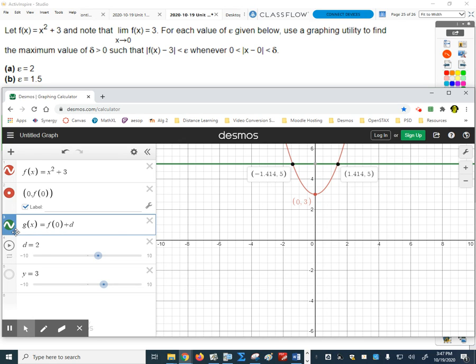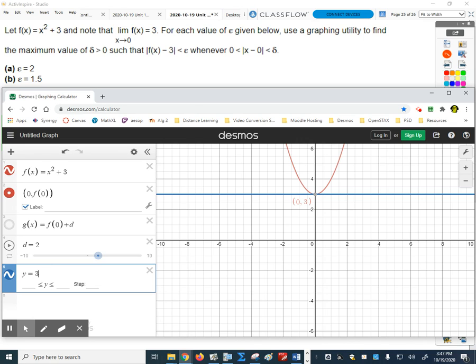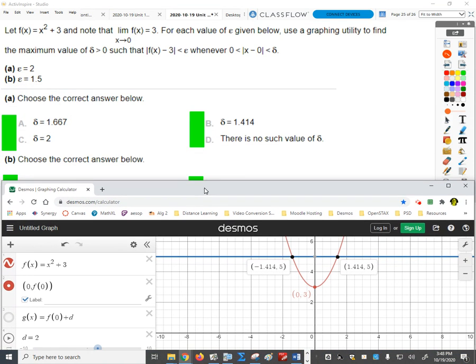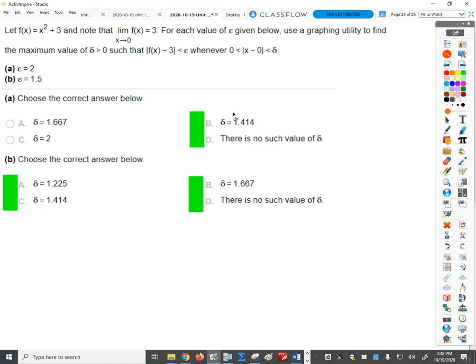The other way we could do it is we wouldn't have to be so fancy. We could just say, okay, we've got the line y equals 3. There's my line. If I add 2 to that, y equals 3 plus my epsilon, which is 2, well, there's the intersections we're looking for. Either way gives us our answer. So for the first part, our answer is 1.414, right?